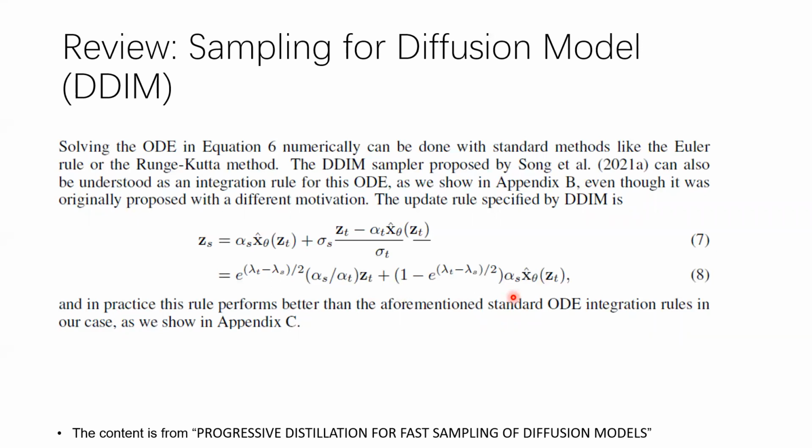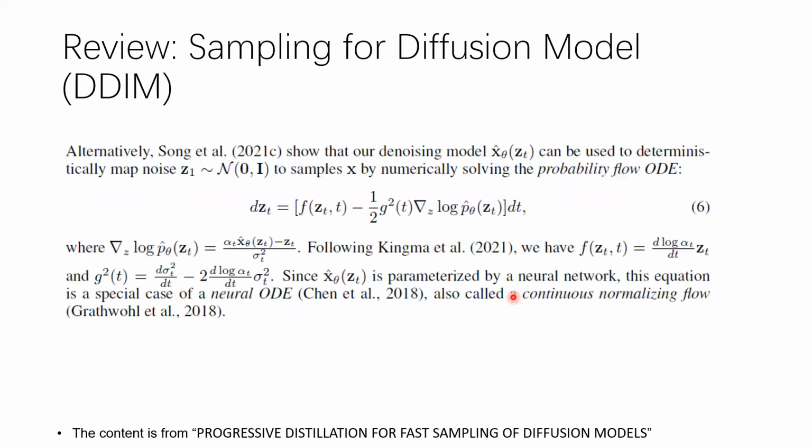I'm not sure if this sampler was talked about in previous weeks, but I think Fred briefly mentioned the ODE thing. I don't think this one was covered in detail, so maybe I will talk a little more about the idea of this one.